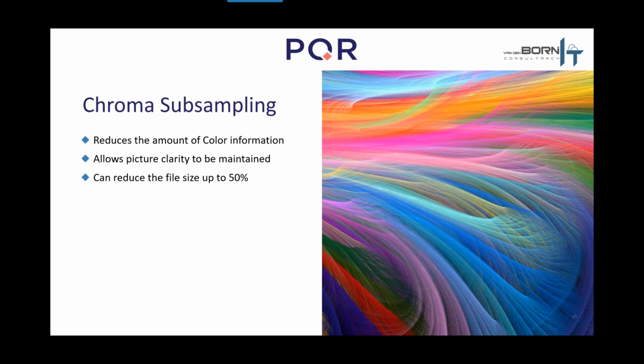So our eyes are more sensitive to clarity or brightness than a small difference in color. And that's a good thing, because with Chroma Sub-sampling, we can even reduce the file size up to 50% by just dropping a heavy amount of color information.